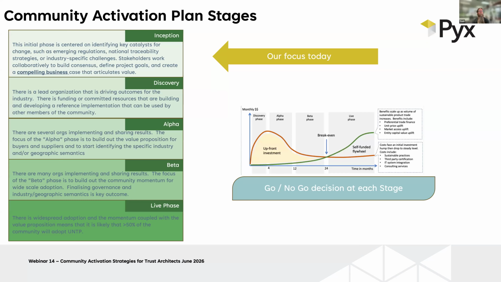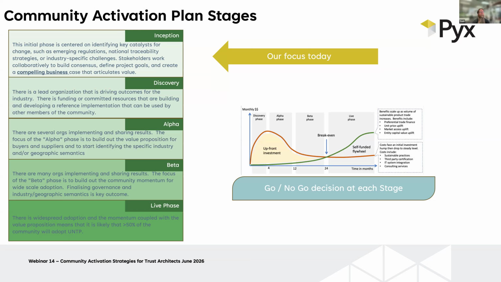And so the way we describe the phases is the inception phase, the discovery phase, alpha phase, beta phase, and live phase. And the gates for going from inception to discovery: in inception, you think there's maybe a community, and you're building the case to actually do some real work.